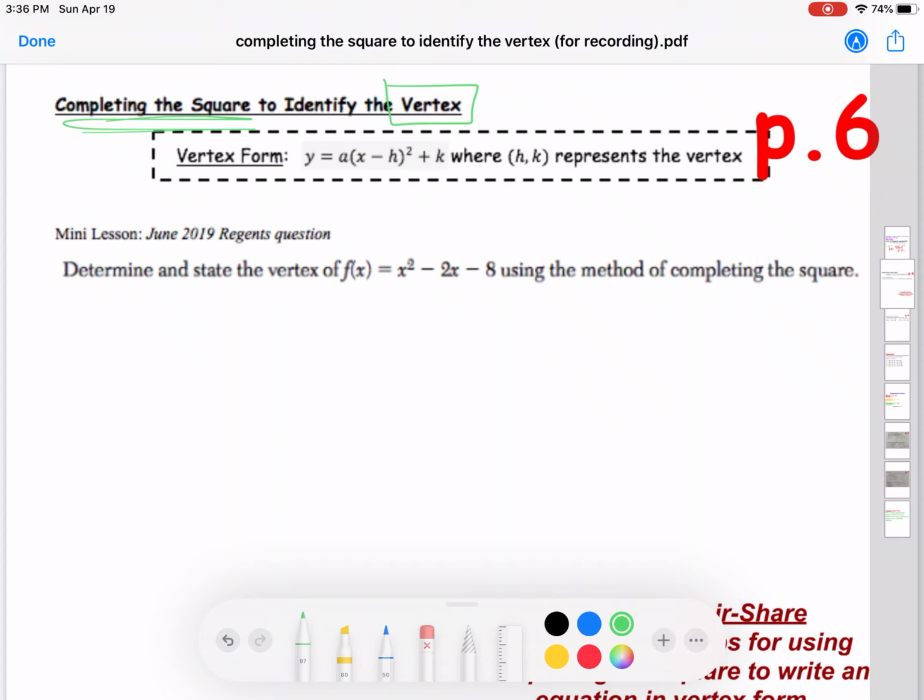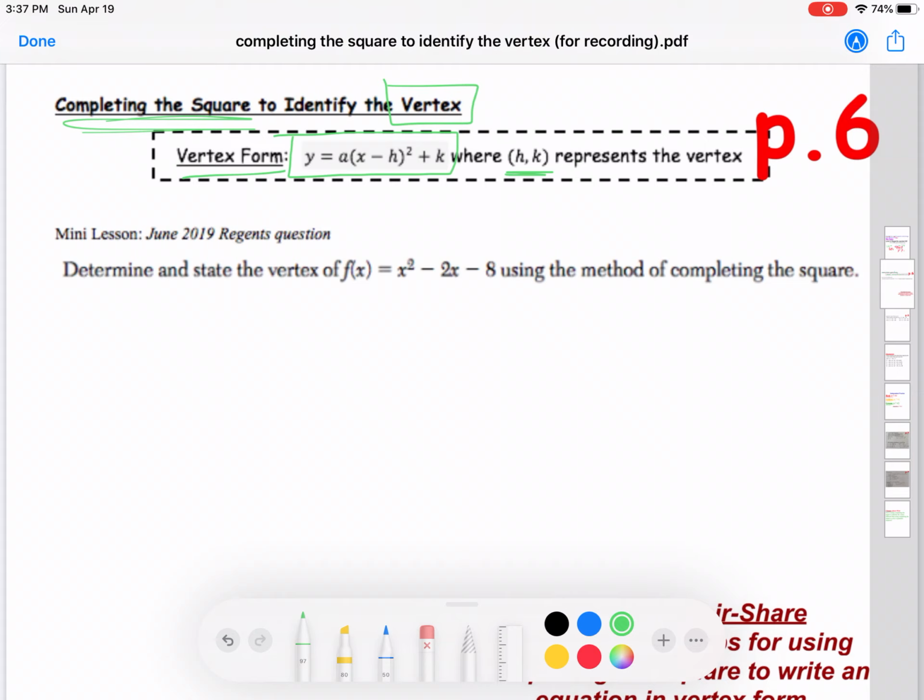So as a reminder, in our last lesson, we learned about vertex form. Vertex form looks like this, y equals a parentheses x minus h squared plus k, where h and k represent our vertex. So our goal in this lesson is essentially to make our equations look like this vertex form so that we can easily identify the vertex.